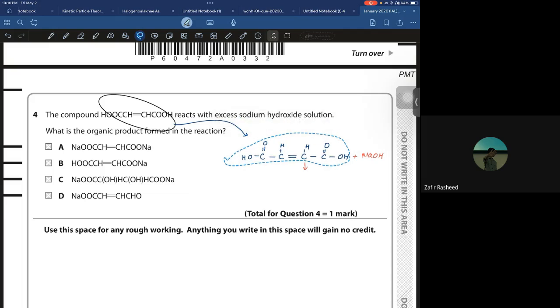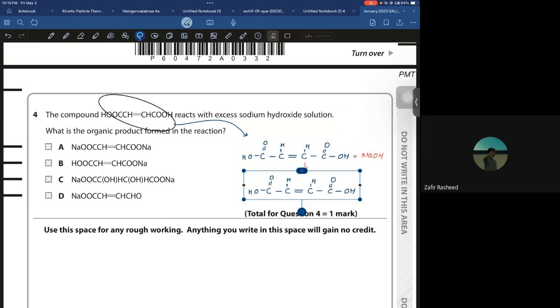So let me tell you what would be the salt. That's going to be sodium. So what's the answer? 100% A is correct. There is sodium, but what is OH?